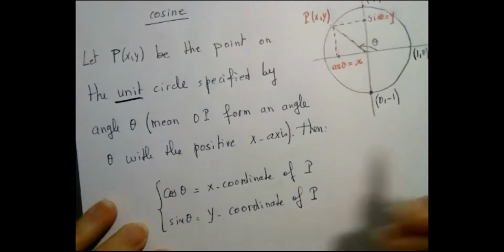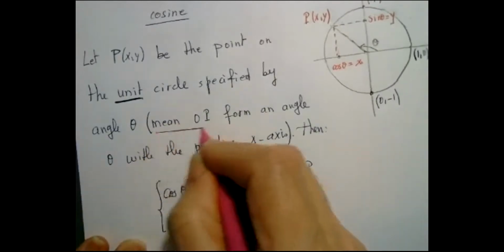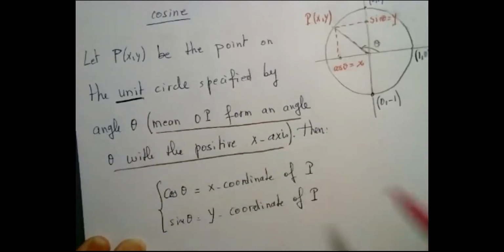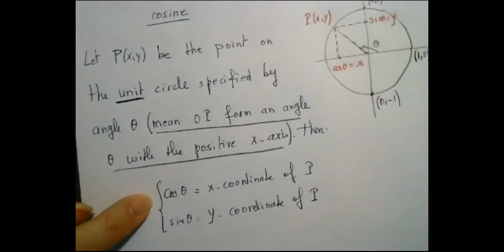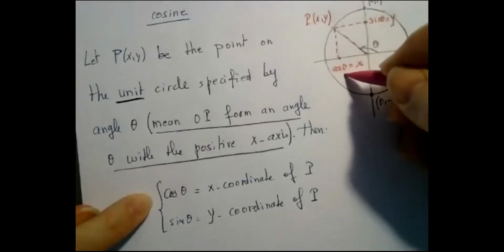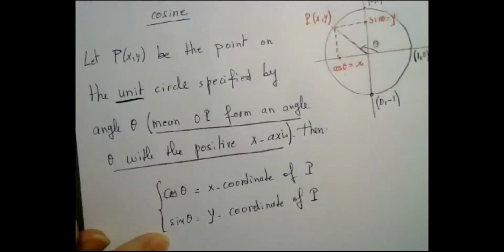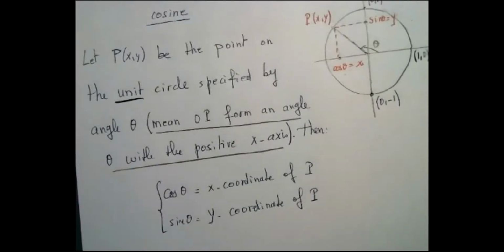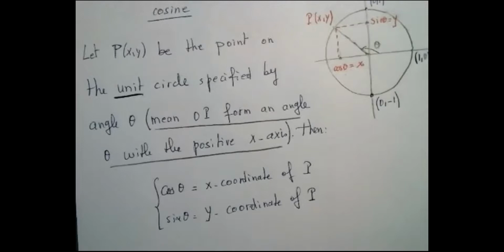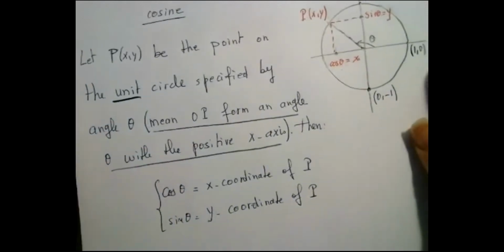Every word matters in this situation. Cosine is, by definition, the x-coordinate of the point P. Whatever the x-coordinate of P is, that's the cosine of theta. Whatever the y-coordinate is, that's the sine of theta. That's the picture that has to be drilled in your head to be able to deal with sine and cosine.